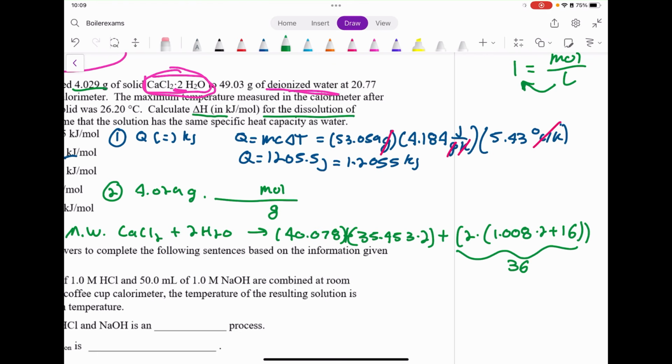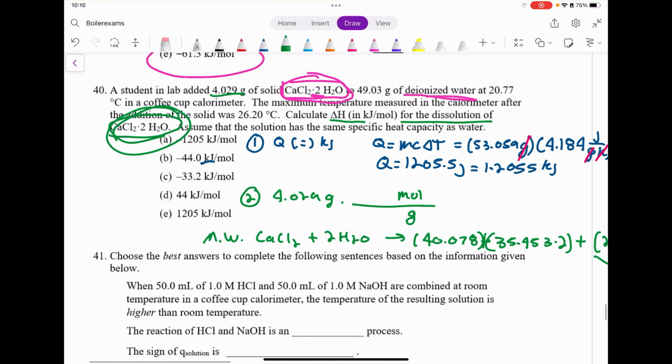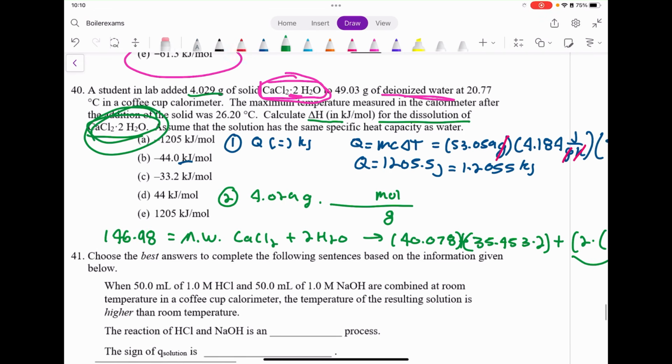Oh, also, I forgot to times the 35.453 times 2. So, okay, 35.453 times 2 plus 40.078 plus my water, which is 36. I get a molecular weight of 146.98.